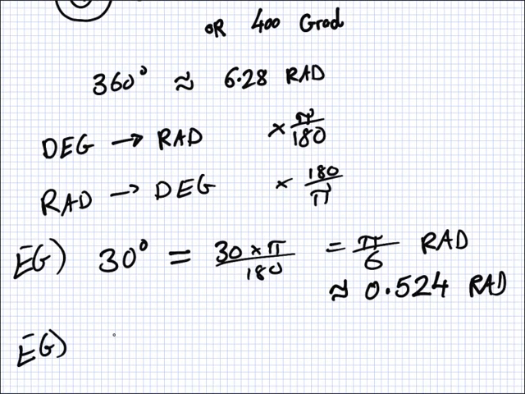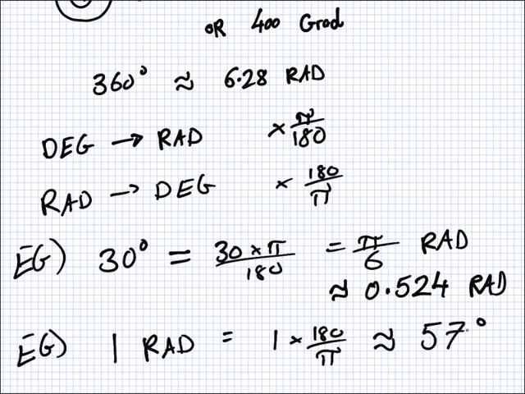Let's say I want to convert 1 radian into degrees. So that'd be 1 times 180 over pi. What's that? Roughly 57 degrees, yeah. 57.30.